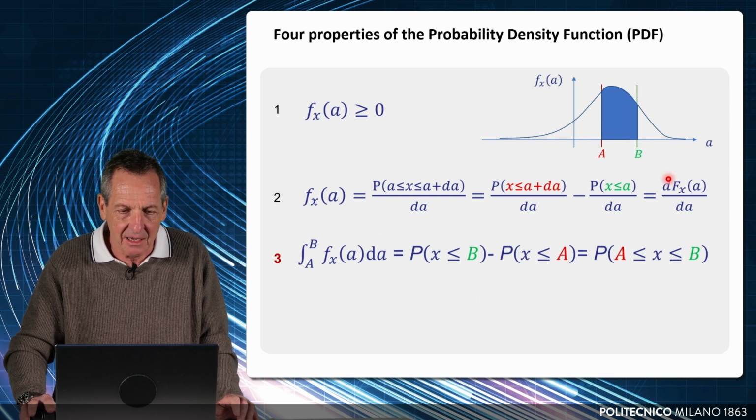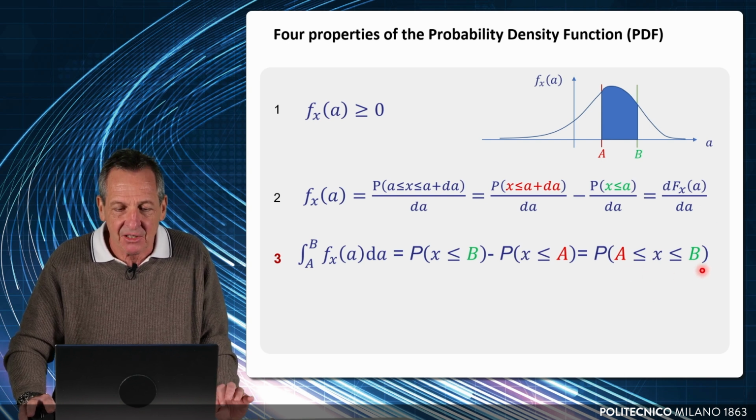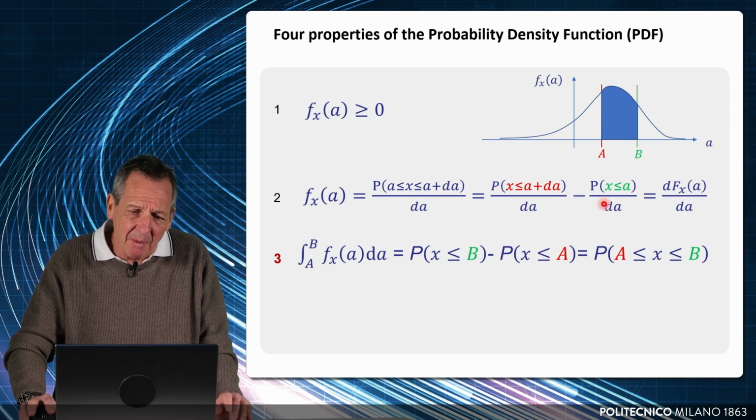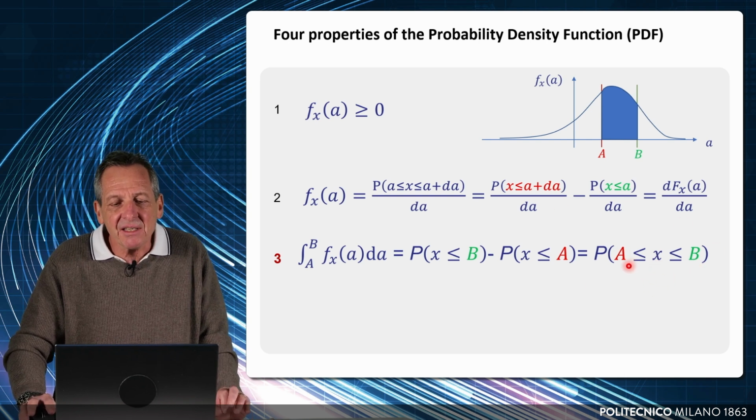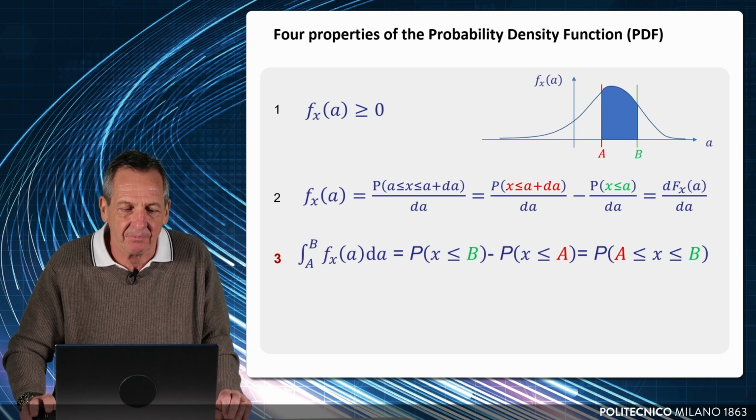Those are the cumulative integral of the probability density function. And so we have the probability that x is within the two numbers a and b. So remember, the probability that a random variable is within this interval a and b can be computed just by integrating the probability density function between a and b.